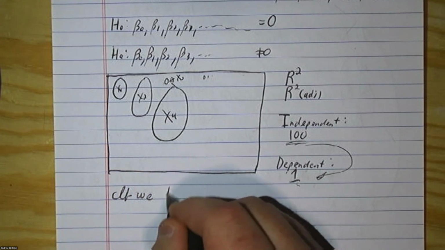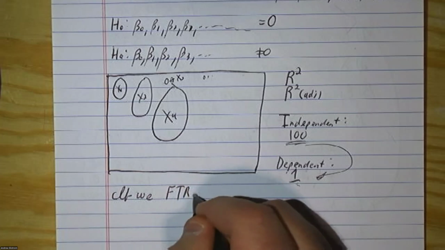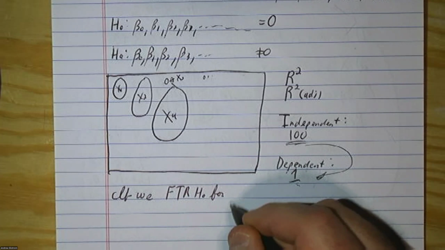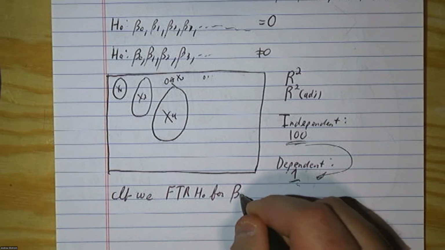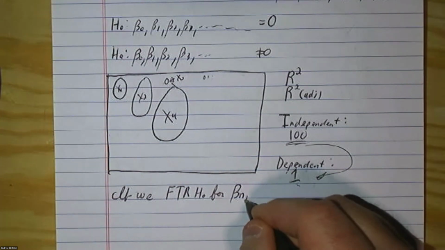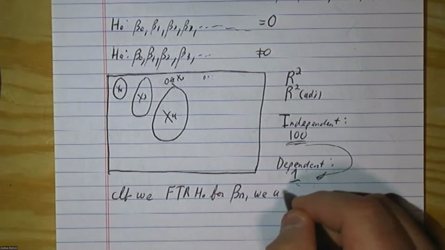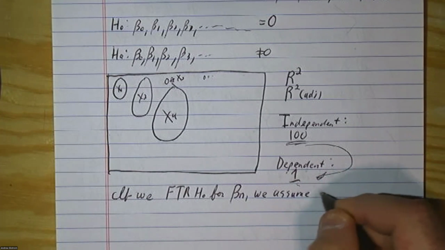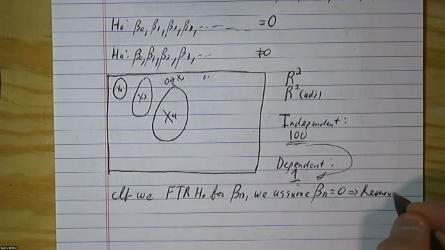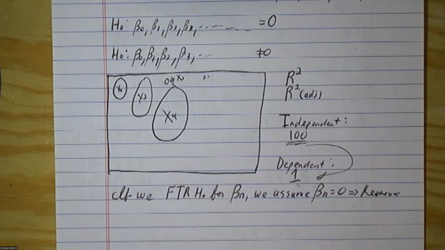So if we fail to reject H naught for some beta value, beta n, we assume that whatever that coefficient is, and remove that term from our model.